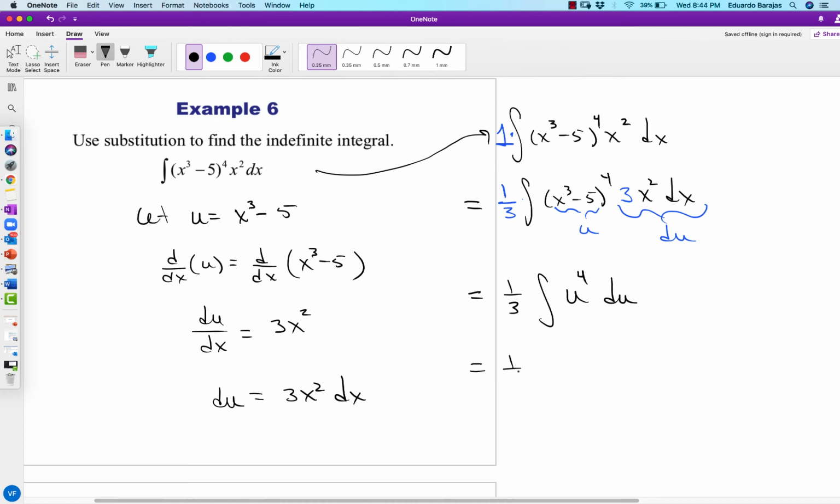This is going to be equal to 1/3 u to the power of 5, and we have to adjust for that by multiplying by 1/5, plus a constant. So we're almost there, except we have to, again, resubstitute that u. So we get that this is going to be 1/15 times u, which is x to the third power minus 5, all of it raised to the power of 5, plus a constant.